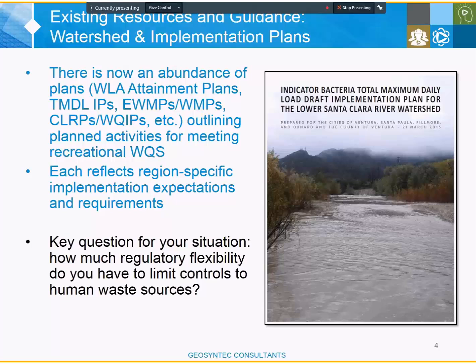And I think what the casual observer will observe when they look at these in totality is that each one is so different across regions because the region by region expectations are starkly different. The ones in the Central Coast Board, which are mostly for Phase 2 agencies, are mostly non-structural BMPs.